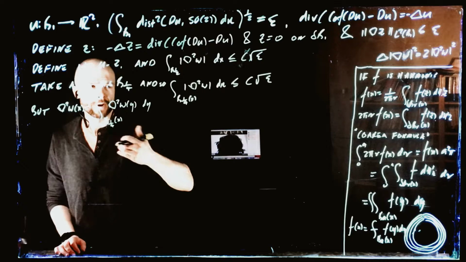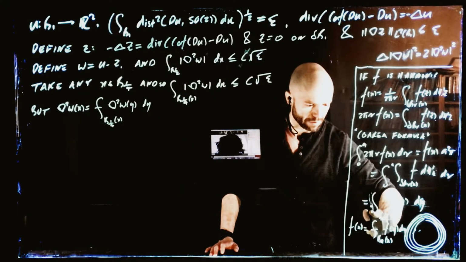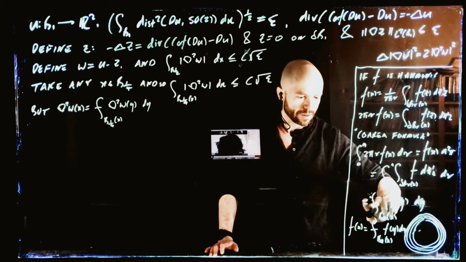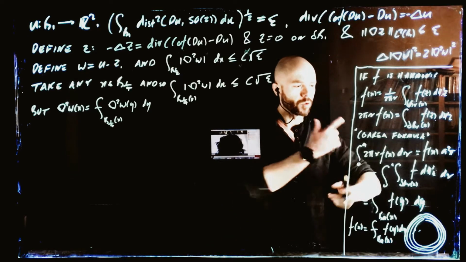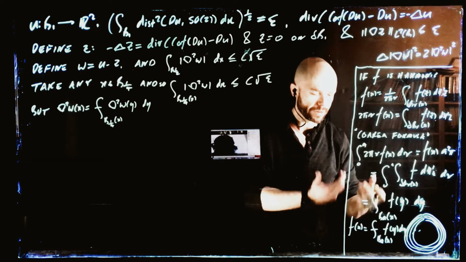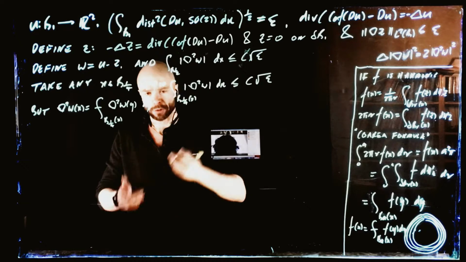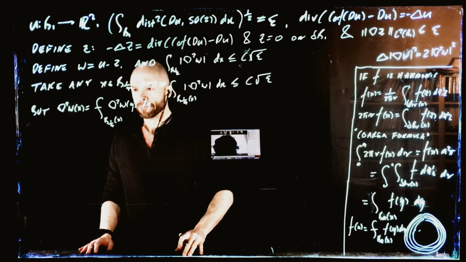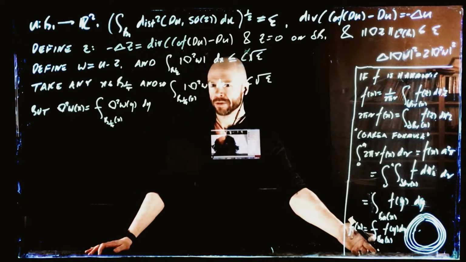So now I'm no longer writing double integrals, so maybe actually I'll just get rid of this because I want to try and be consistent. So from the context of the domain we're integrating over, you're going to have to identify if it's an integral over a path or if it's an integral over a solid thing. And just stop me and ask me if anything is unclear. Usually we're going to be integrating over solid things.